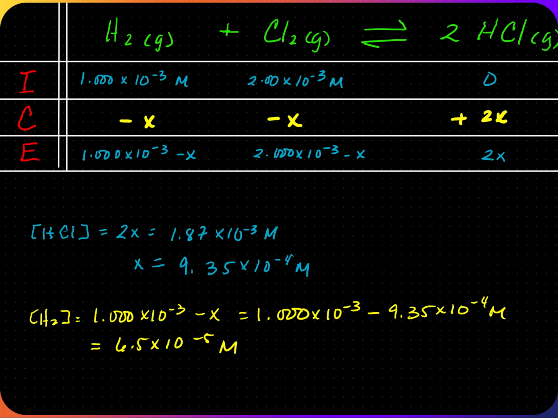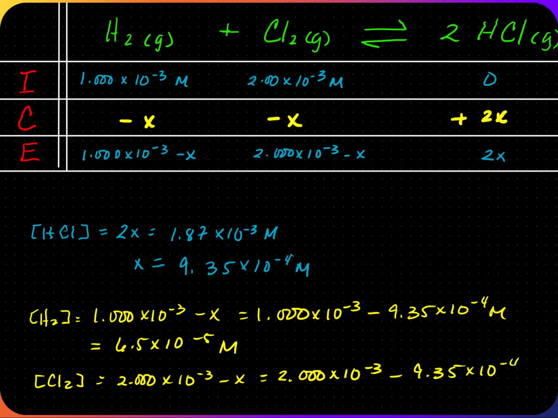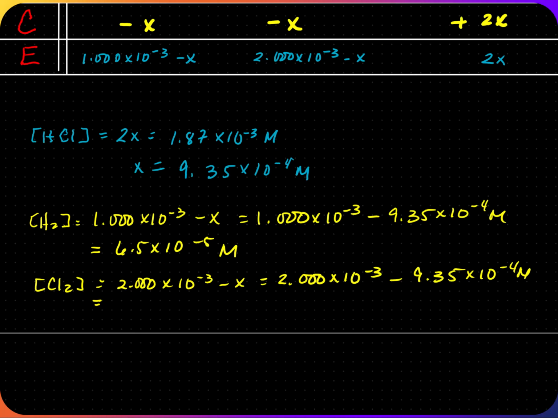And we repeat the procedure for Cl2, which is equal to 2.000 times 10 to the negative third minus x, which is 2.000 times 10 to the negative third minus 9.35 times 10 to the negative fourth molar, which equals 1.065 times 10 to the negative third molar.